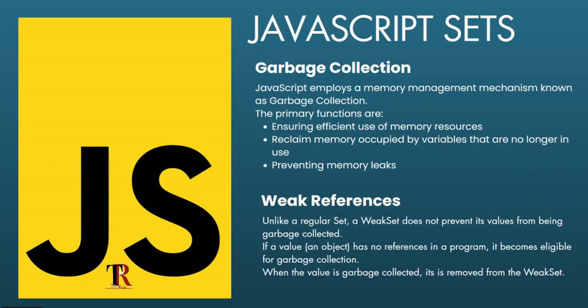Now, let's look at the primary functions of garbage collection. The number one function is that it ensures efficient use of memory resources. When a JavaScript program is loaded on a computer, there's a way it manages memory and resources. Because if there were no such mechanism in place, some program could overload your computer and make everything freeze and stop working.